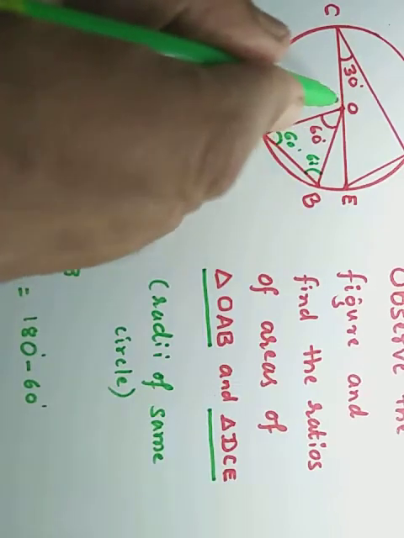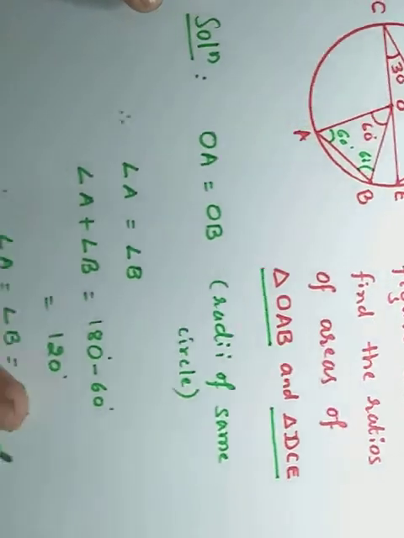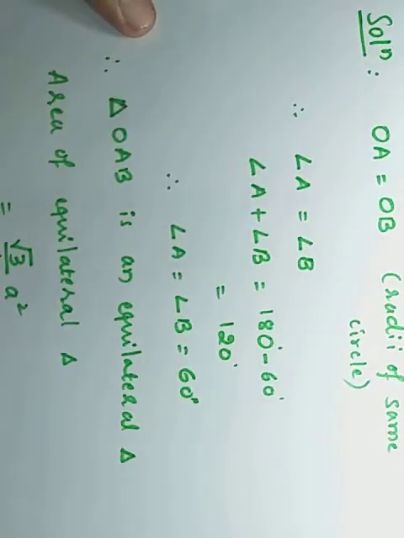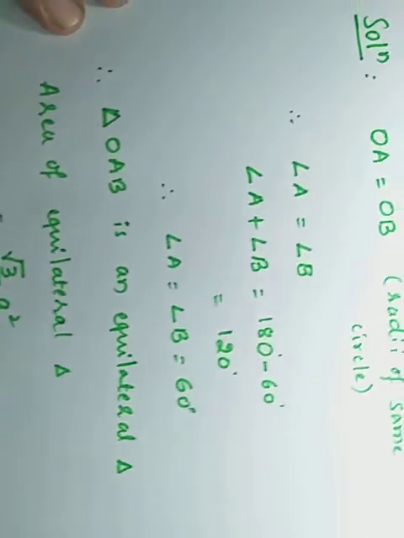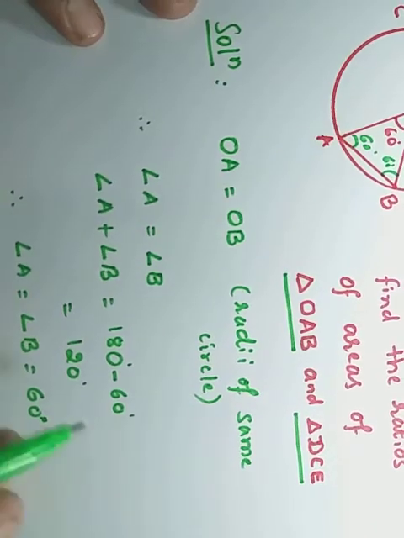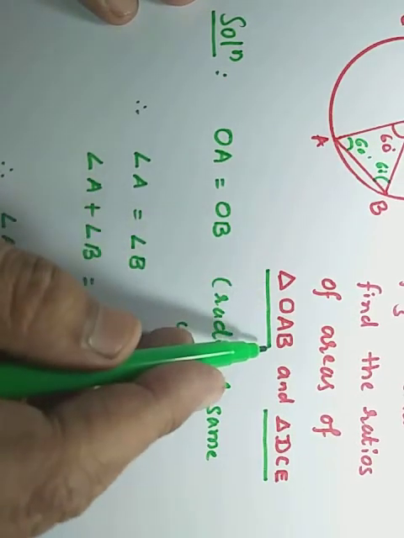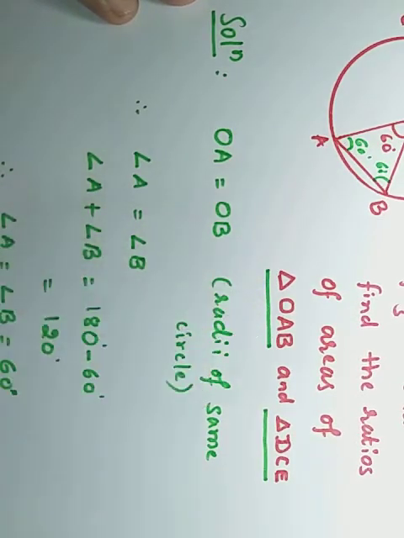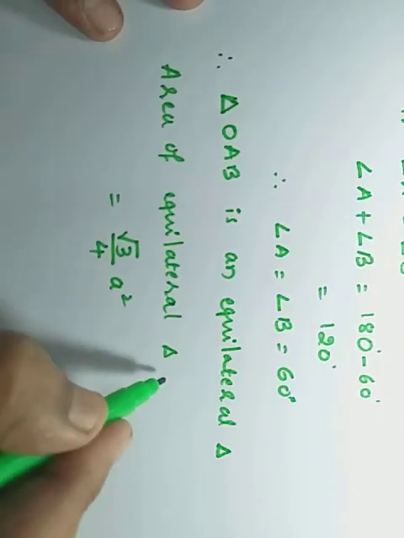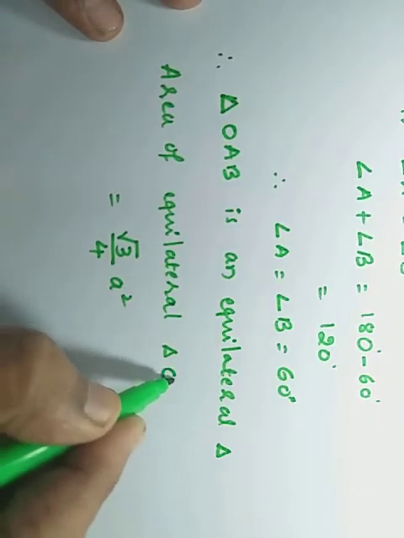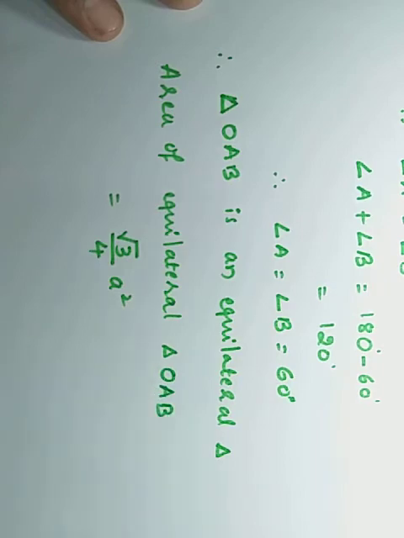Let us assume that OA is equal to OB is equal to a. This is the area of the equilateral triangle OAB. We want to find the ratio of these two. Therefore, first we have found the triangle OAB area.